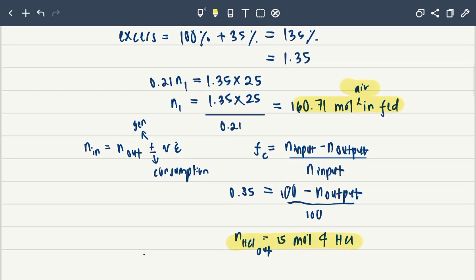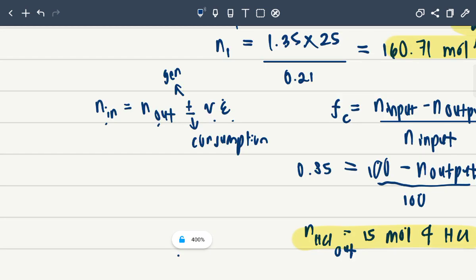Okay, kita dah boleh guna untuk yang belah ni, untuk extent of reaction. Sebab kita dah ada N out, N in dah ada, nu pun ada, Z tu kita nak kena cari. Okay, so kita boleh cari untuk HCl balance. So N in berapa tadi? 100. N out kita dah cari 15.